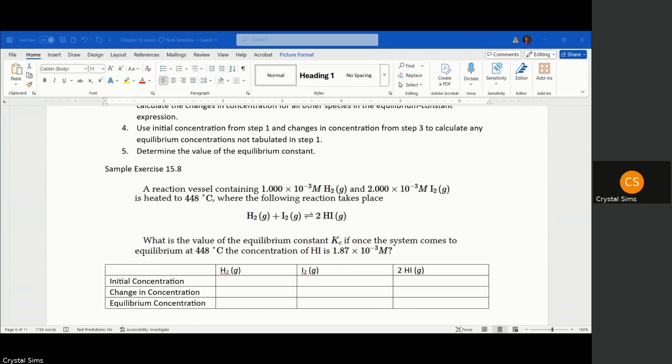All right. So we have been given our initial concentration for the hydrogen gas and the iodine gas in our problem. Okay, so I'm going to just go ahead and type those in. Okay, and of course we know that this is in molarity, okay?